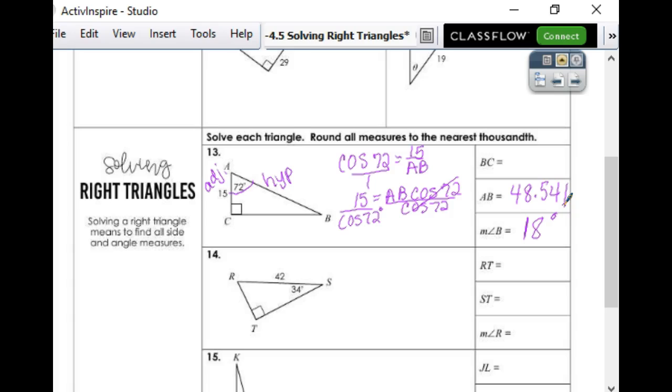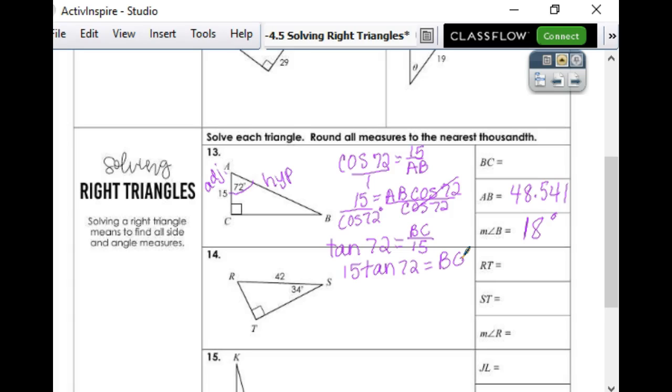So then how would I find BC? The tangent, right? Because this is the opposite over the adjacent. So I would do the tangent of 72 equals BC over 15. And when I cross multiply, I get this.